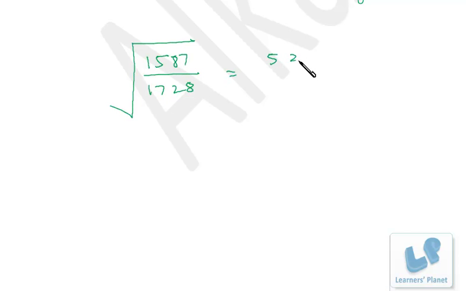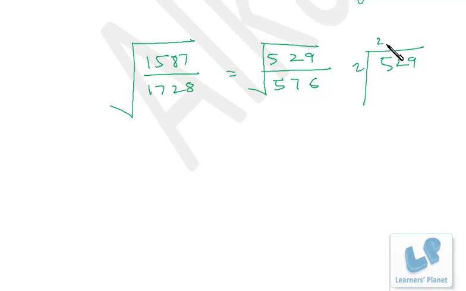So it's 529, and here it's 3 5s are 15, 2 3 7s are 21, and this. Okay, now what we have to do? We have to find out the square root of 529 and 576. So square root of 529, 2 2 4.